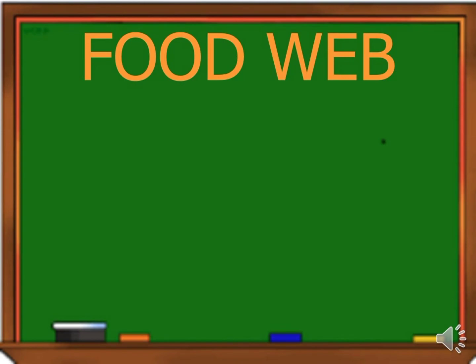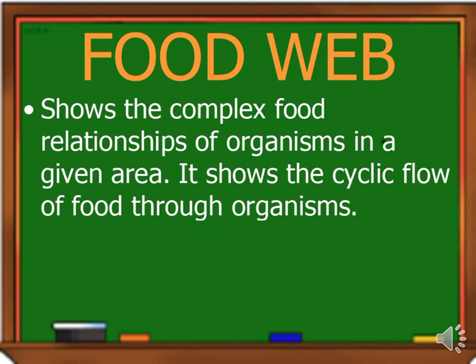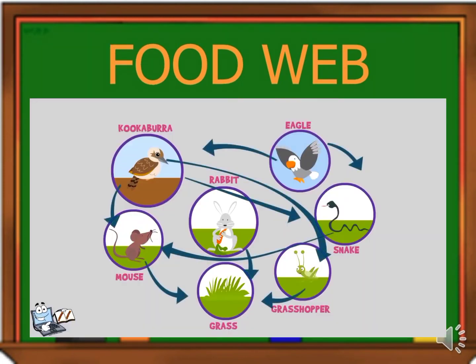A food web shows the complex food relationship of organisms in a given area. It shows the cyclic flow of food through organisms. In this chart, here is an example of a food web.